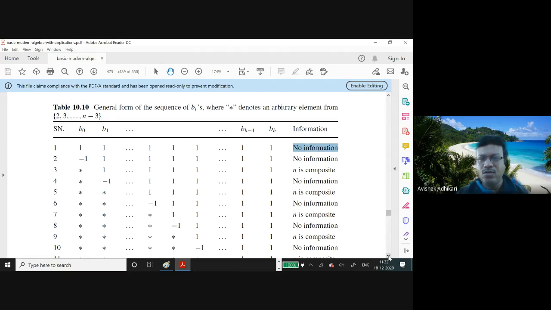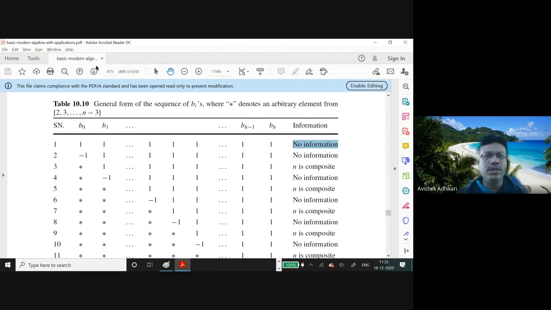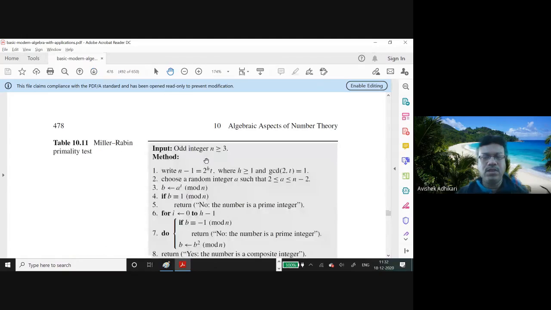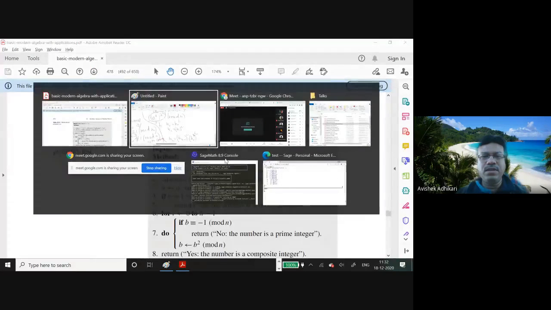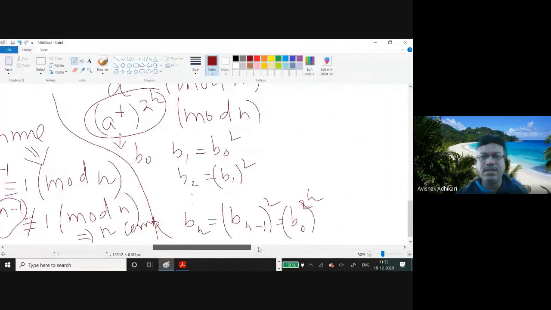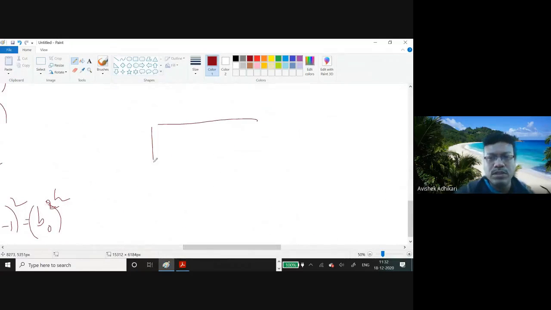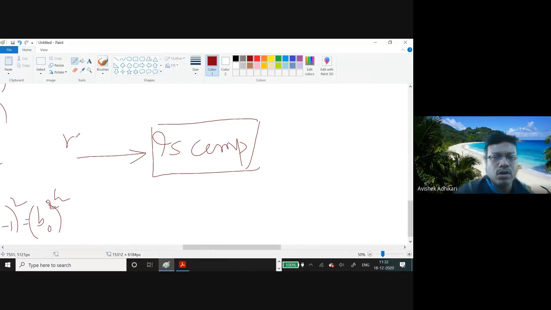Mind that what we are going to do here is ask the question: is n composite? So this Miller-Rabin primality testing asks whether n is composite. Your input is an odd n greater than or equal to 3, and your answer is yes or no.